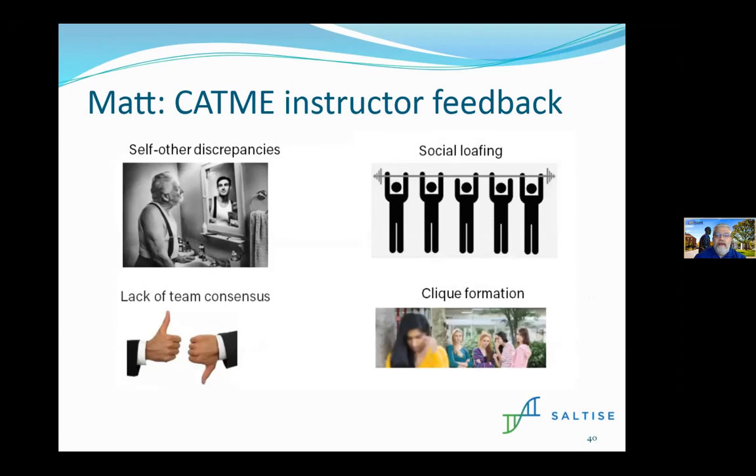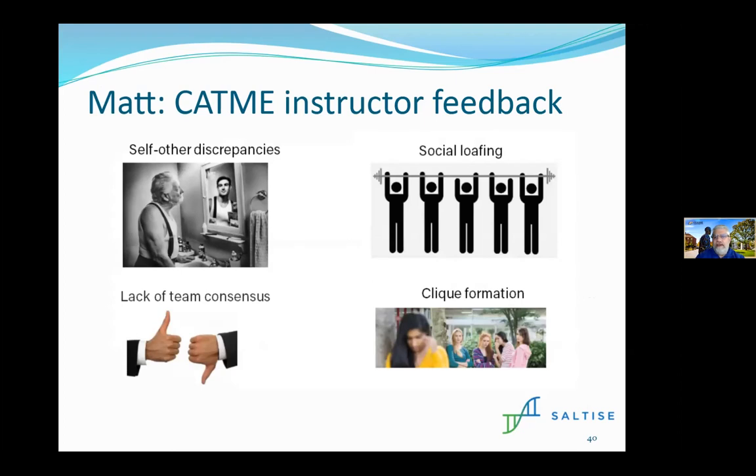As I said, we do convert those ratings into numbers behind the scenes. The students never see those. But the rating number patterns allow us to determine a lot of things that are related to function and dysfunction. So we base those kinds of exceptional conditions on self-other discrepancies, so the difference between self-ratings and peer ratings.